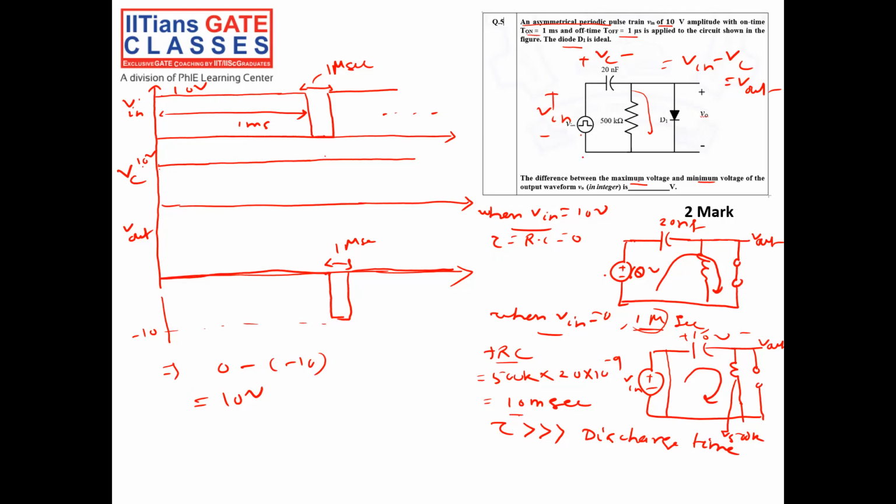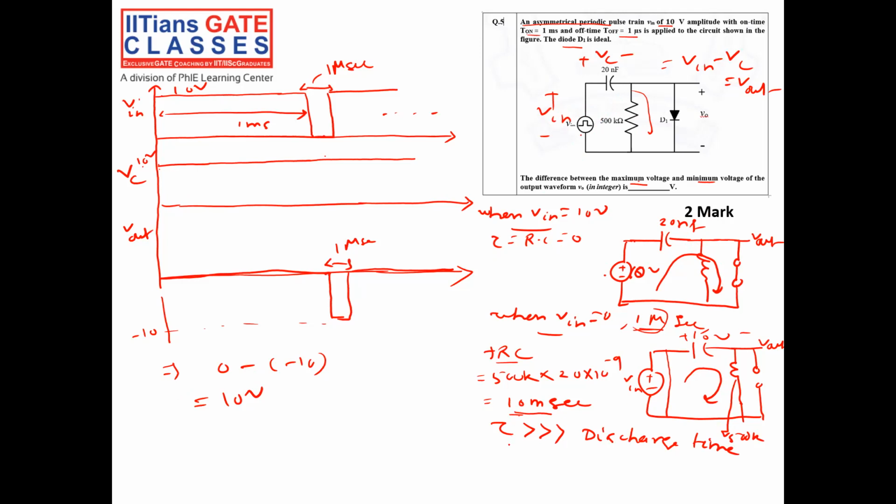Again, I am just summarizing. When V in is equal to 10 volt, it will charge quickly through a time constant of 0, so I get 10 volt. Then V in is equal to 0 volt for only 1 microsecond. It will not discharge at all because it needs 10 millisecond to discharge through the resistor of 500 kilo ohm.